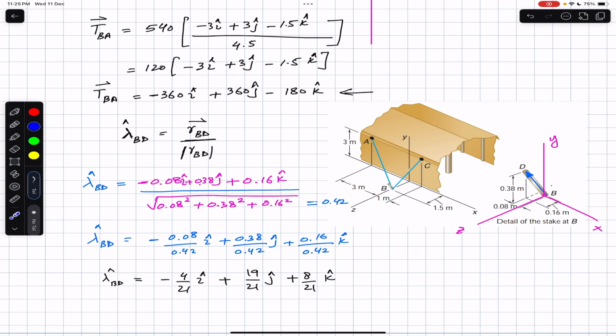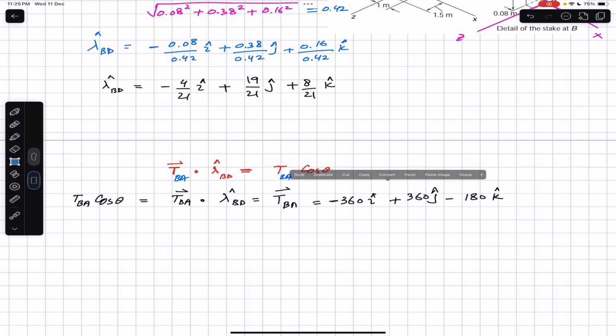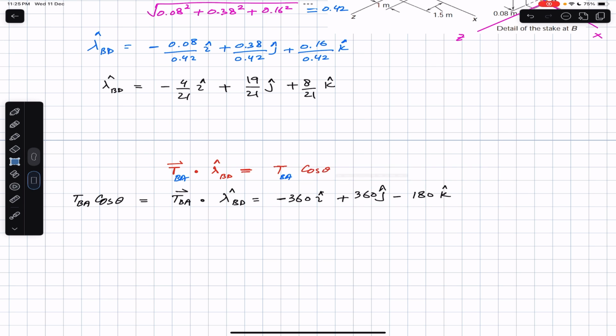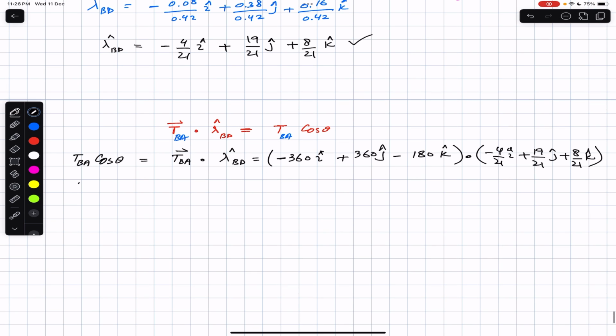Now it's up to you guys, I'm going to use this one. So this is my TBA vector, dot product with this, which is minus 4 divided by 21 i plus 19 divided by 21 j plus 8 divided by 21 k.